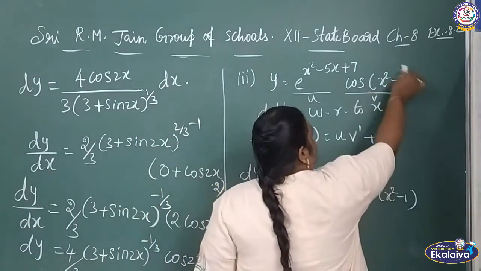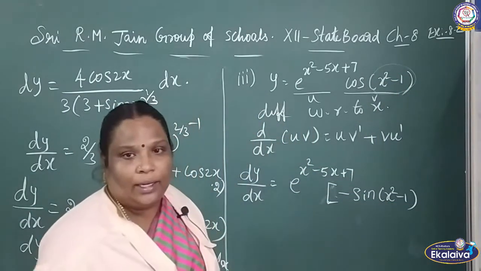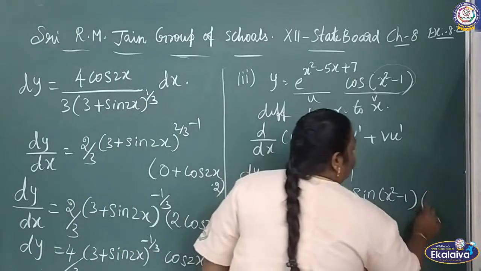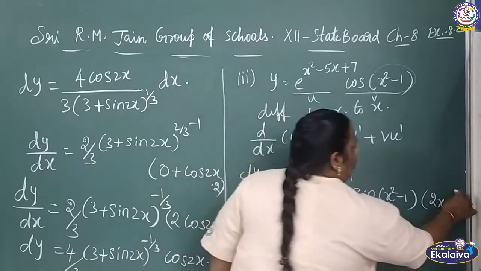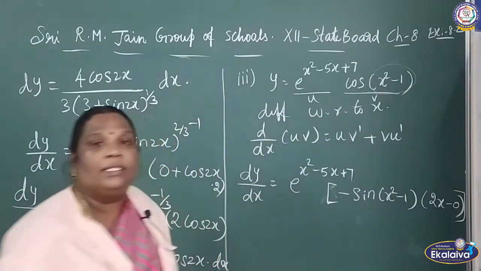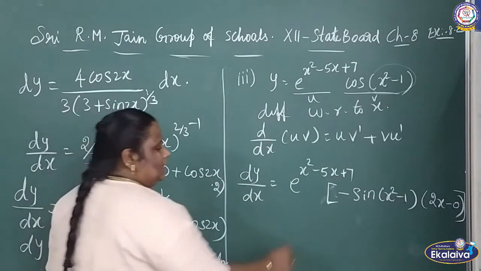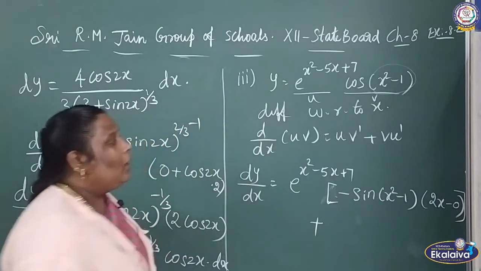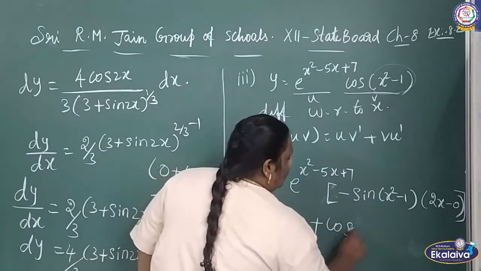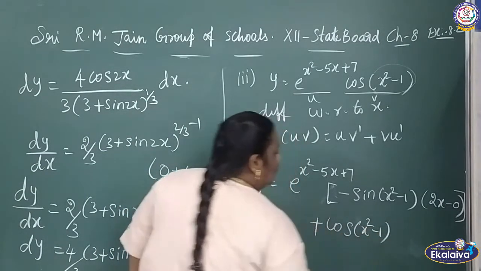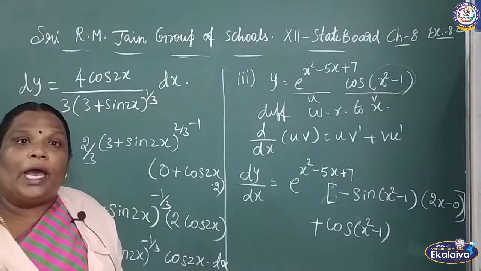Then the differentiation of x square minus 1 is 2x minus 0, plus v. You will write v as it is, cos of (x square minus 1), times u dash.